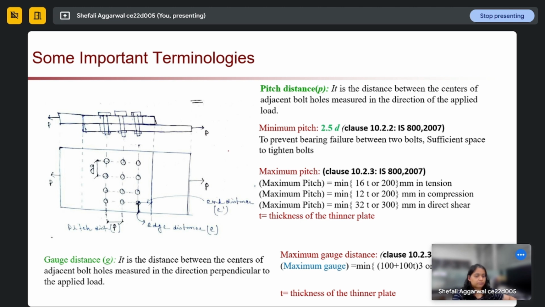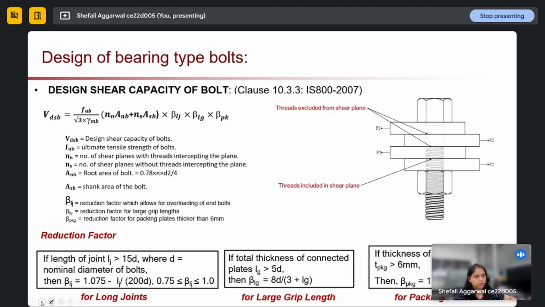Some important terminologies we have already studied last week: what the gauge is, what the pitch and end distance are, and according to IS 800, what the minimum pitch and maximum pitch should be.